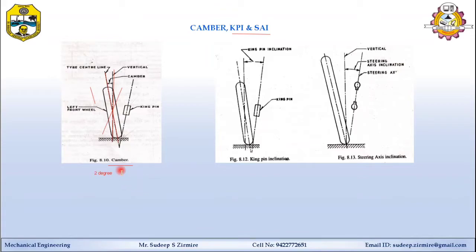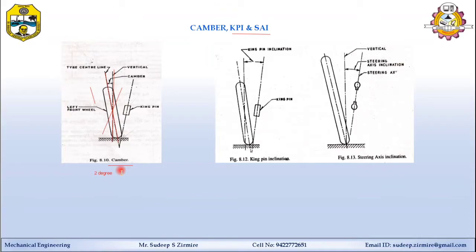To roll the tire properly and uniformly, so that tire wear is uniform, this camber angle should be maintained properly. If the camber is inclined inward or outward to any side, there will be more wear on one side compared to the other side.